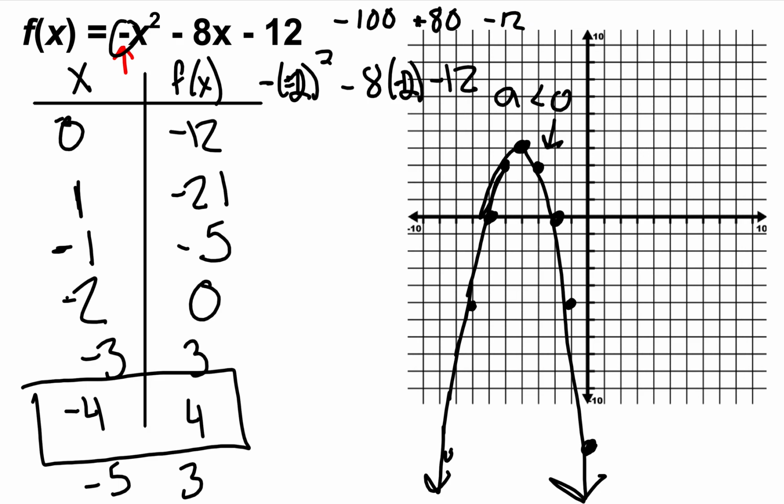If I plug in 100, I get negative 10,000 minus 800. This is like plugging in negative 10. Notice which one of these is bigger? 10,000 by far.